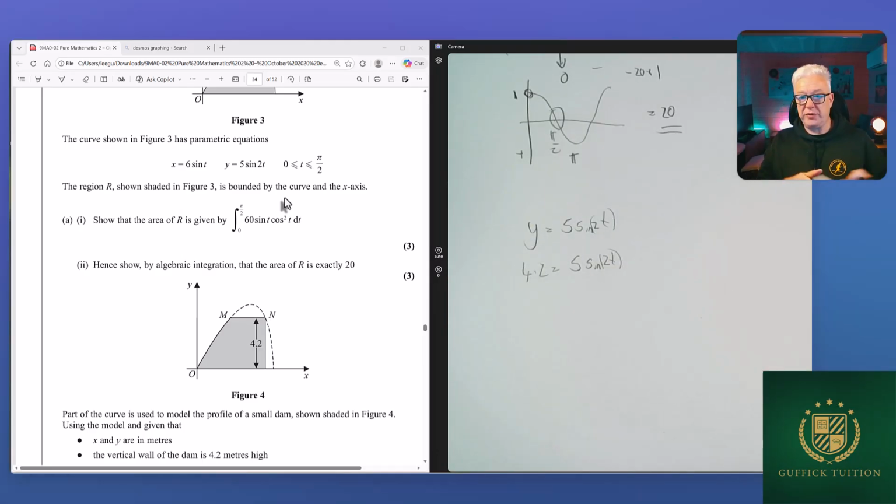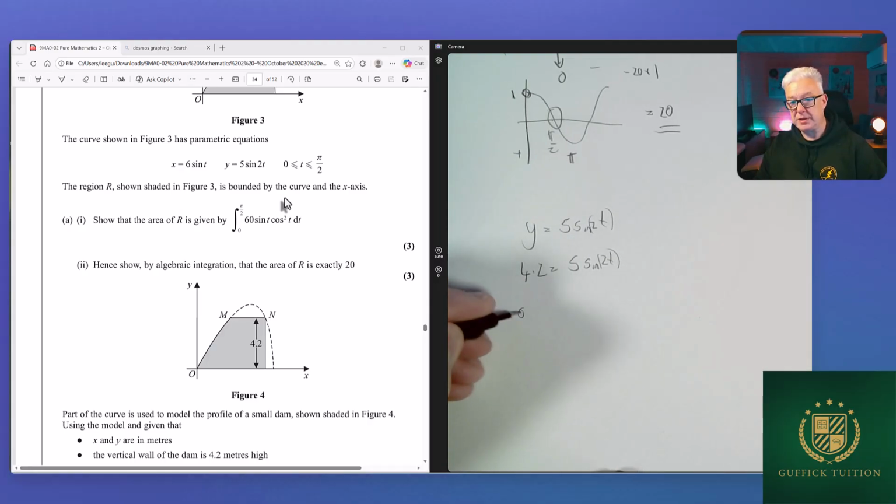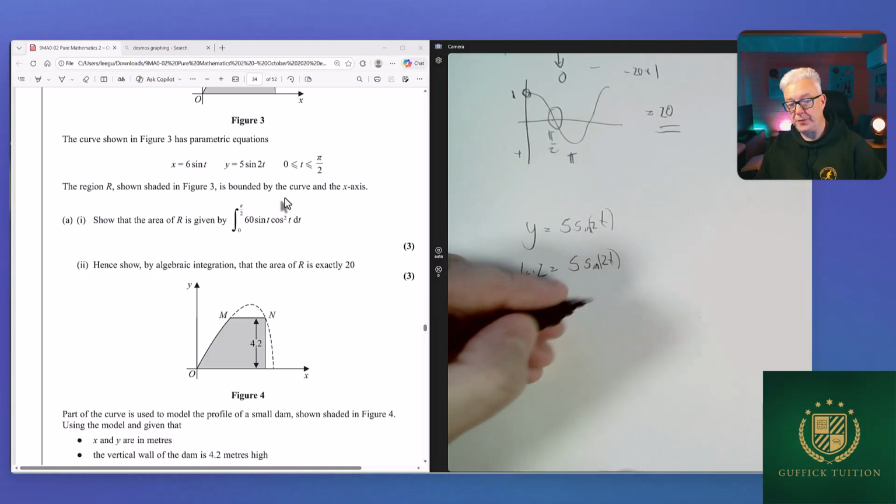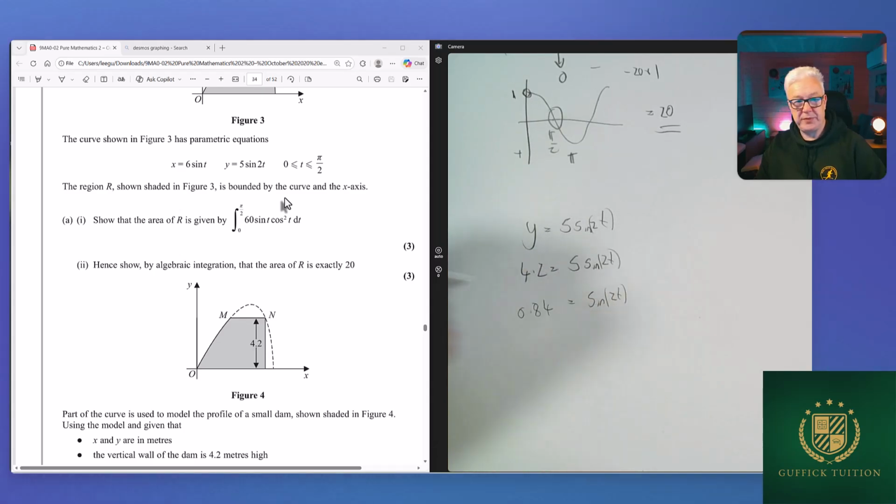Now we can solve this to find the values of t that give us 4.2 for our height. 4.2 divided by 5 is 0.84, so 0.84 is equal to sine of 2t.